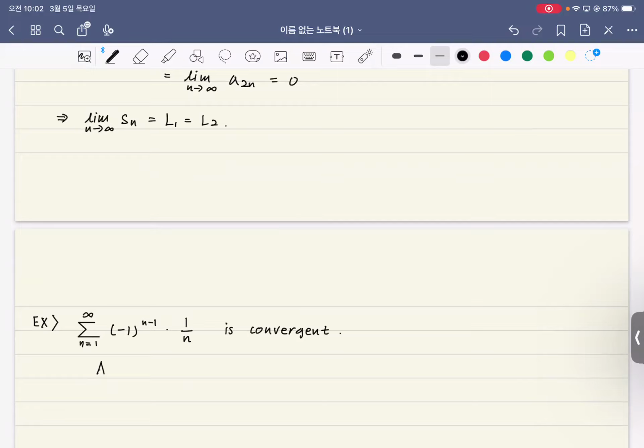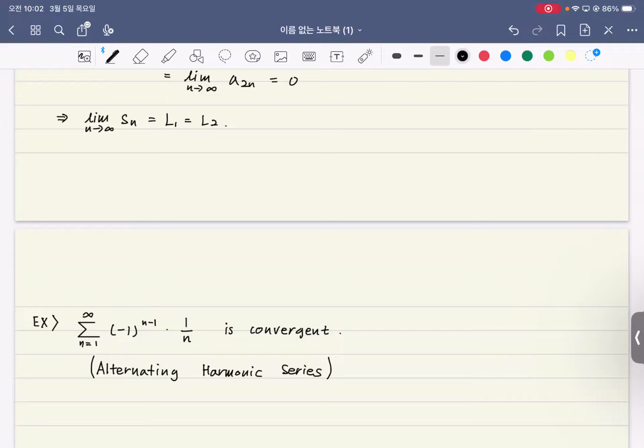Yeah, I really like this one. So I gave this series a name. I say this is an alternating harmonic series. So this is so interesting. Why? Because this guy is convergent due to the alternating series theorem.